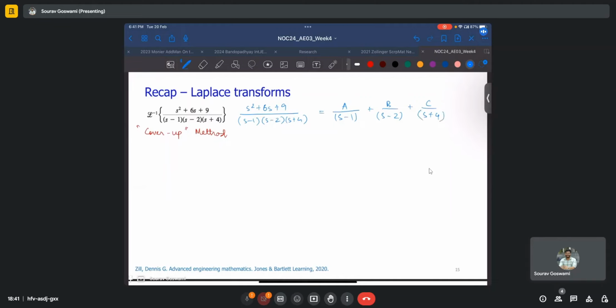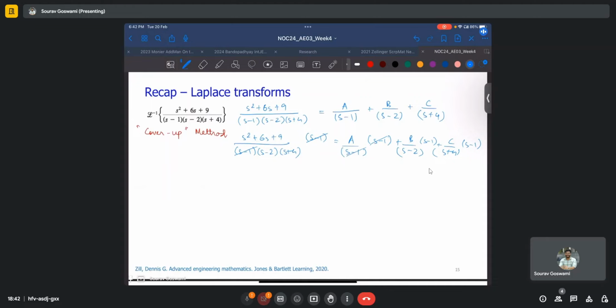So what if I just multiply both sides by s minus 1? I multiply either side by s minus 1 and simplify. So these will cancel out and it will survive in the other terms.